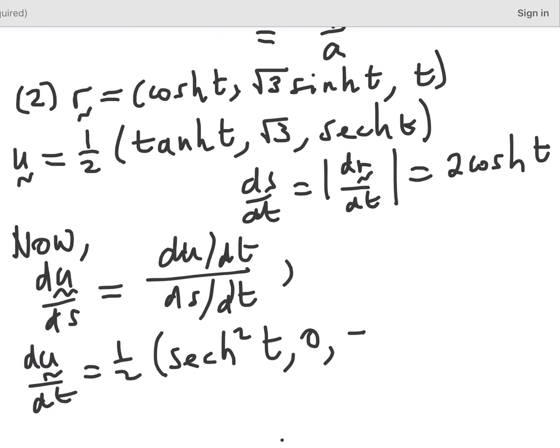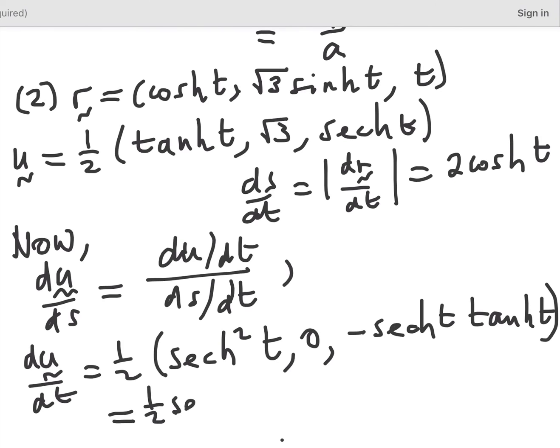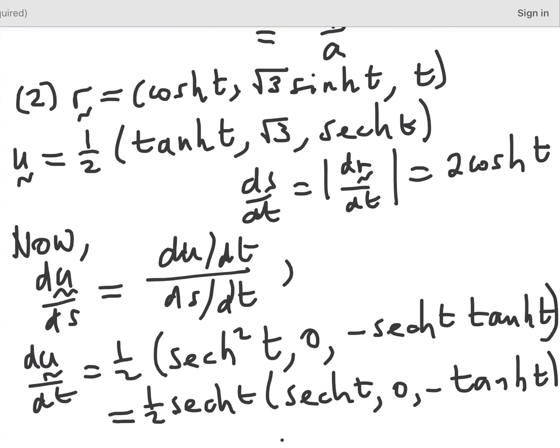So yes, this is minus hyperbolic sec hyperbolic tan. So what we could do is remove a hyperbolic sec to get half of hyperbolic sec into hyperbolic sec, 0, minus hyperbolic tan, like so.